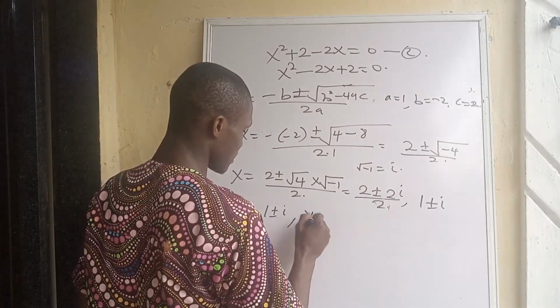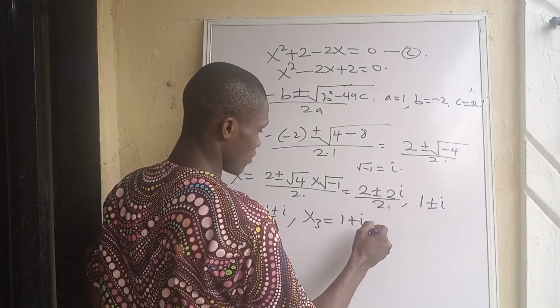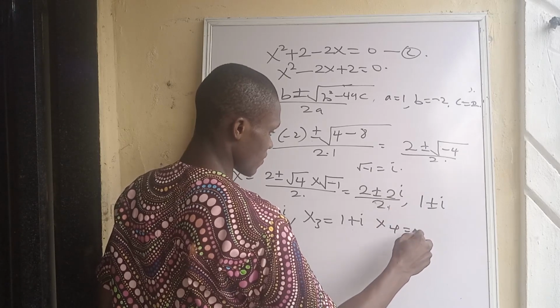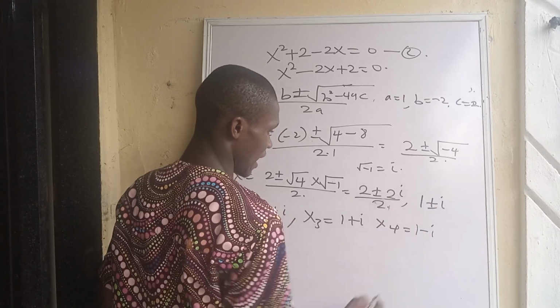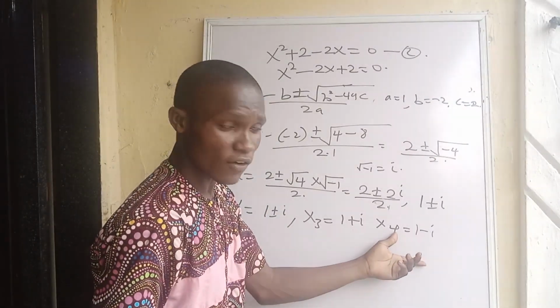So we can say x3 is equal to 1 plus i, and x4 is equal to 1 minus i. So this is the third and the fourth value for x.